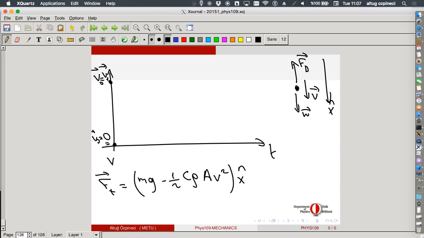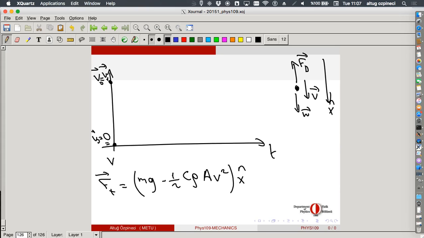So for the object with zero velocity, the force acting on it will be in the x direction, so it will be accelerating in the x direction. Now for the other object, if the velocity is very large, such that this term is larger than this one, the force will be in the minus x direction. If this term is larger, the force is in the plus x direction. You agree? Yes.